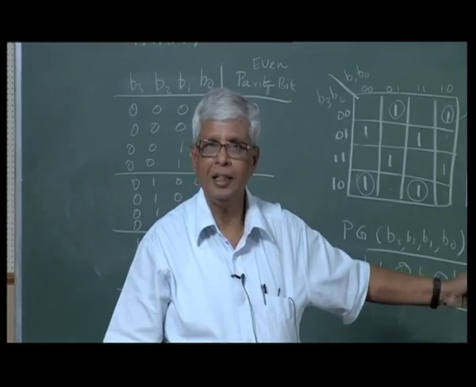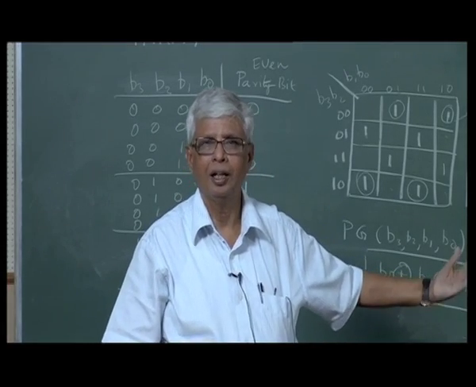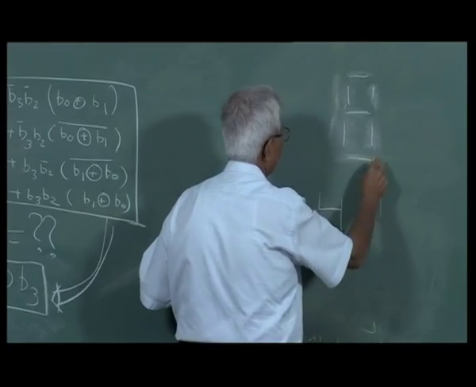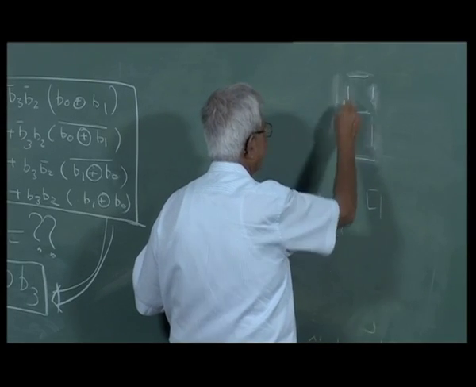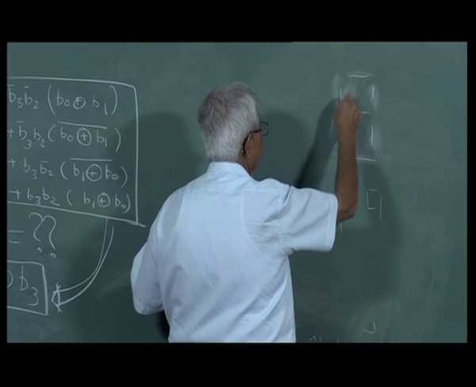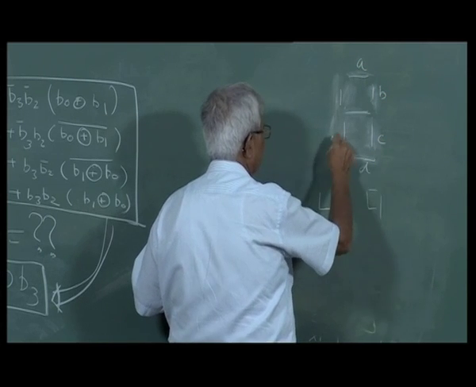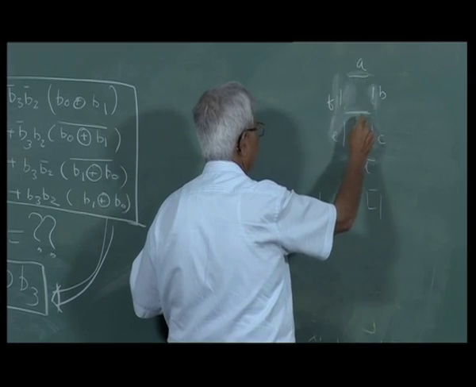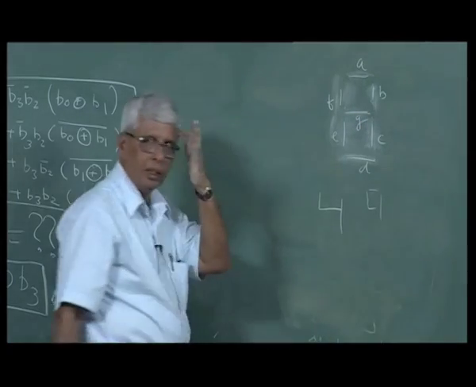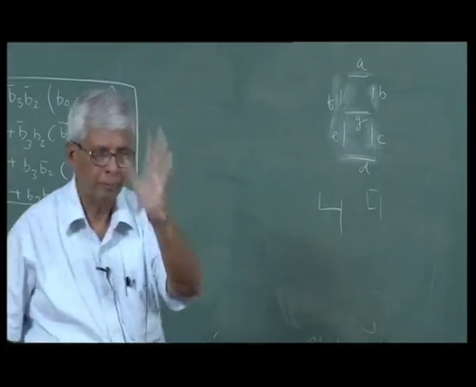All these 0 to 9 can be gotten using how many segments? 7 segments: 1, 2, 3, 4, 5, 6, 7. So this is called segment A, B, C, D, E, F, G. It's called a 7 segment display.